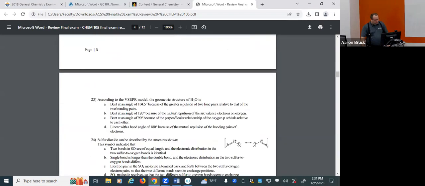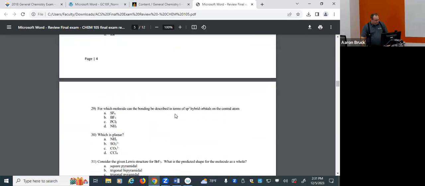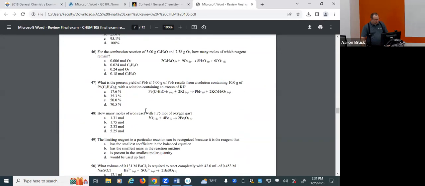All right, so question number 46 was the first one mentioned. It's a tough question. This is a limiting reactant kind of problem.